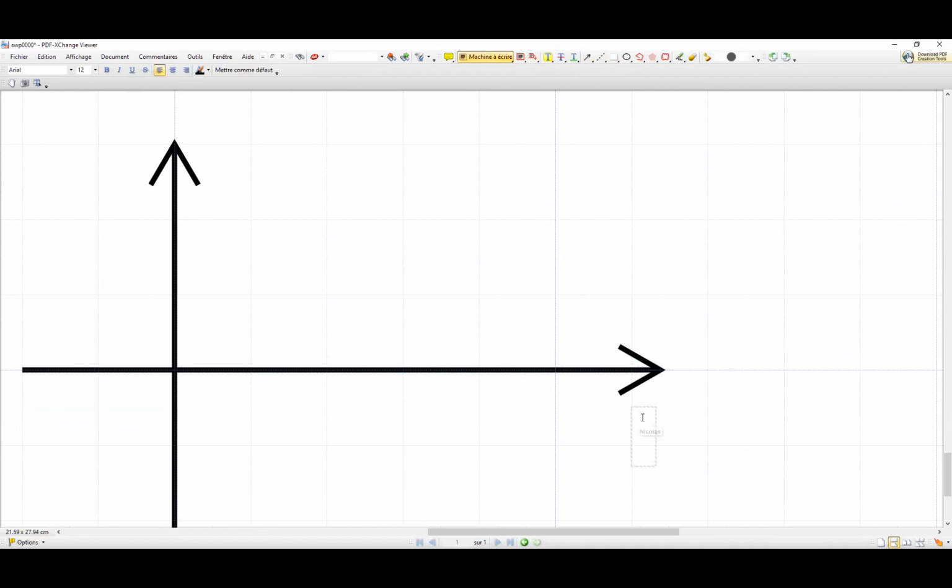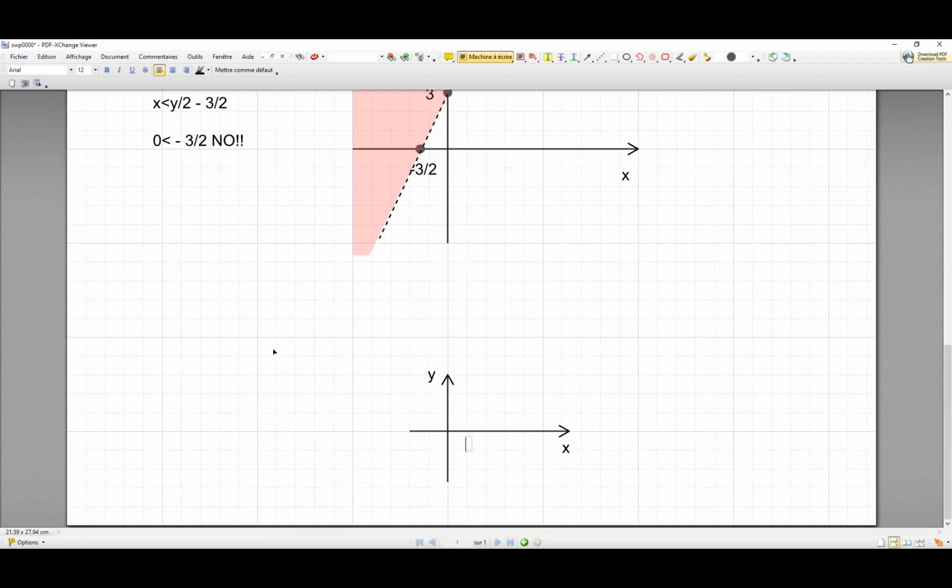So this is X, this is Y. It's not the best, I'm going to draw something bigger.